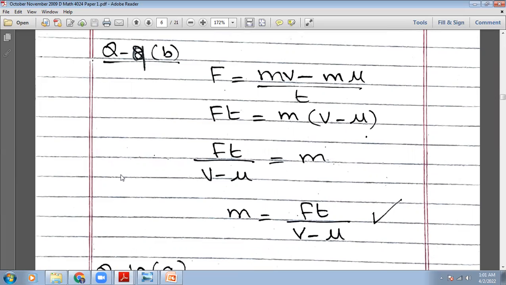So you will have m bracket v minus u. We have taken the m common. That t which was in the denominator has gone to the other side. So you will have Ft equals m bracket v minus u. So the bracket (v minus u) multiplying with the m will come to this side and it will divide. So you will have m equals Ft divided by (v minus u). So this is how you will make m the subject of the formula.